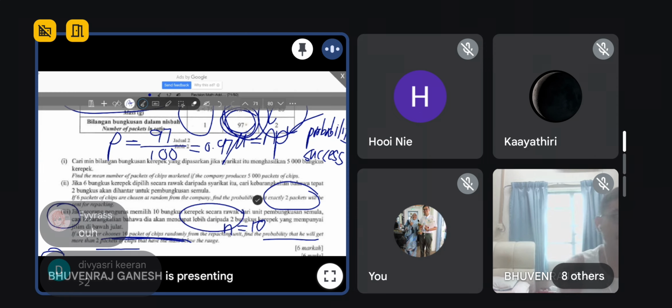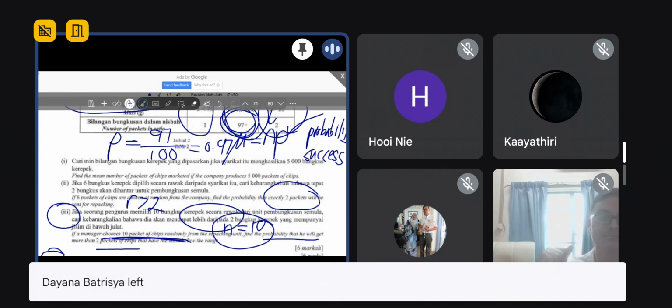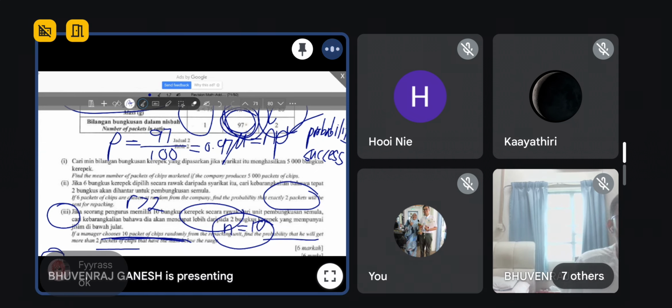More than 2, so you must have a range. Kamu kena ada julat. So R is greater than 2. Maksudnya, what can be a possible R value? R can be 3, 4, 5, 6, 7, 8, 9, 10. Total adalah 10. So R boleh jadi dari 3 sampai 10. This is the range.